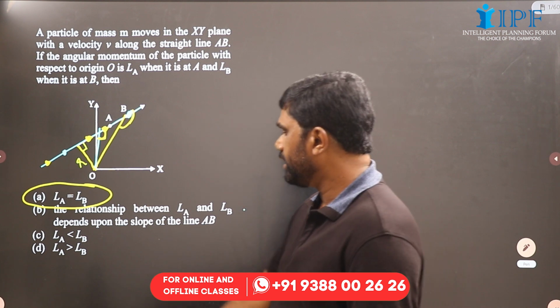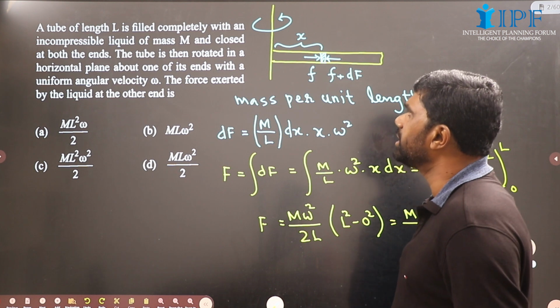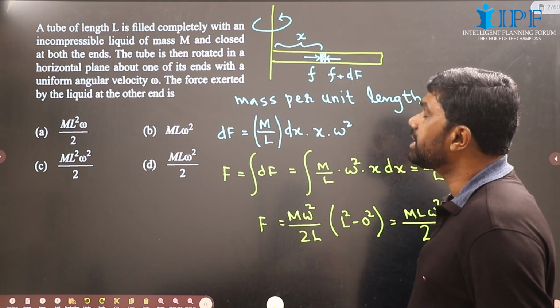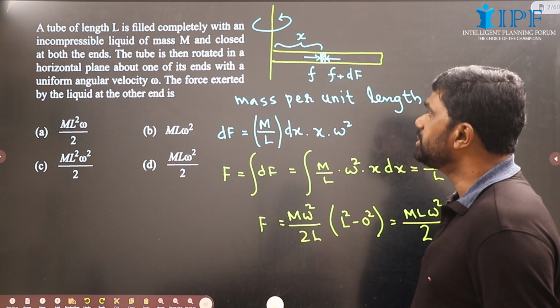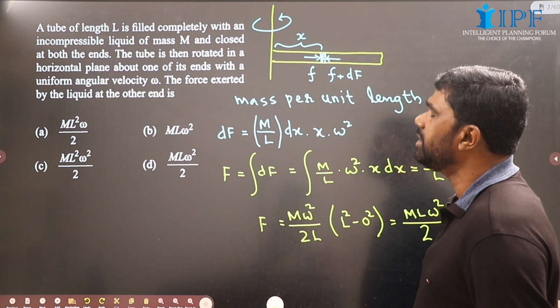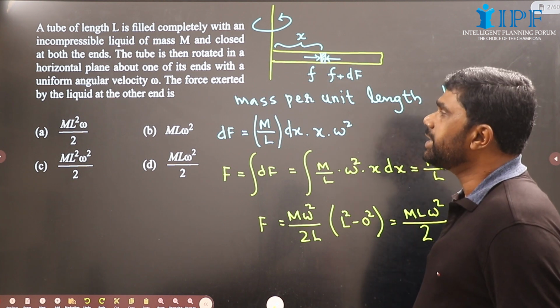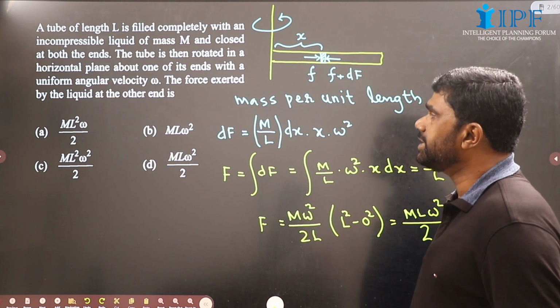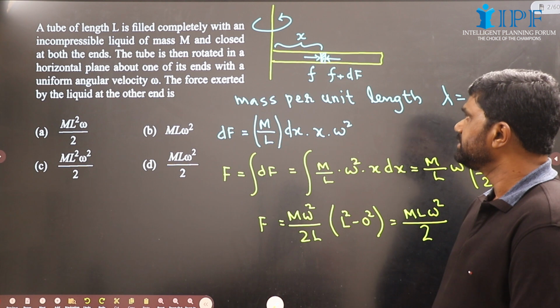Okay, now let us see what we have next. A tube of length L is filled completely with an incompressible liquid of mass capital M and closed at both ends. The tube is then rotated in a horizontal plane about one of its ends with a uniform angular velocity omega. The force exerted by the liquid at the other end is?